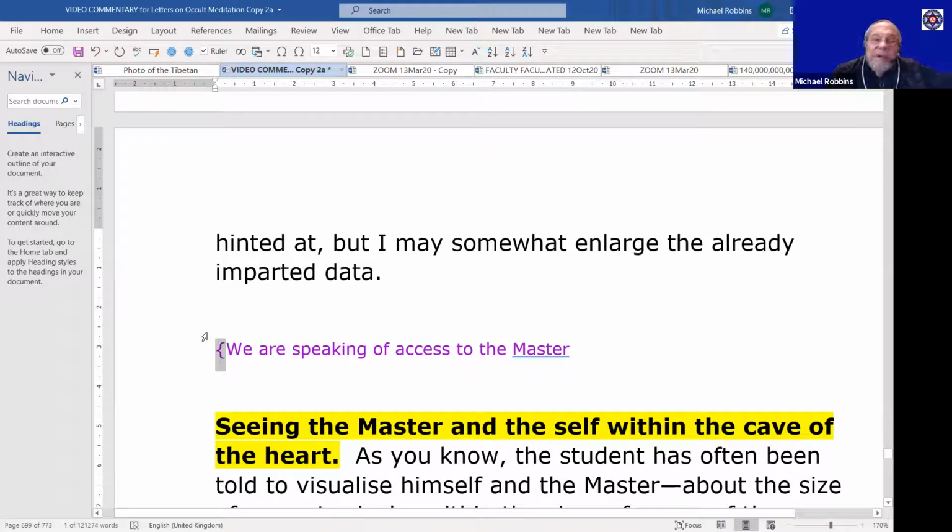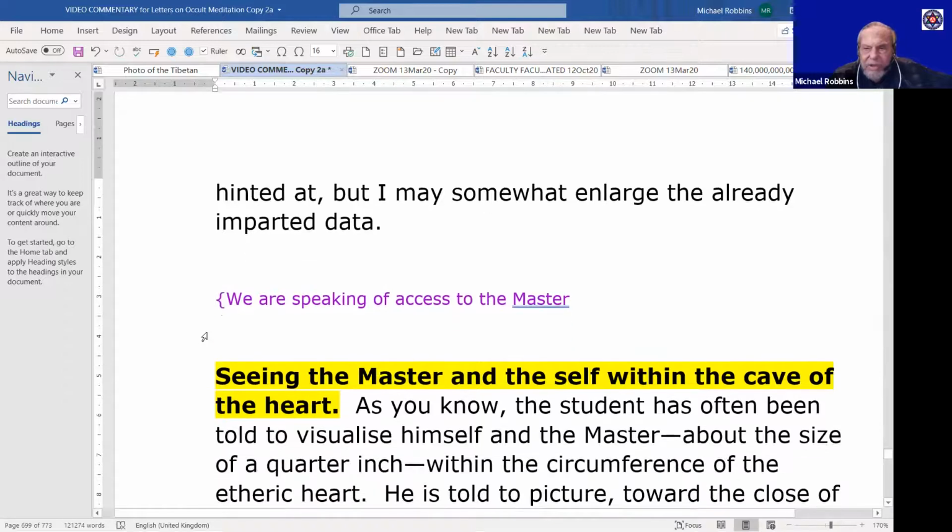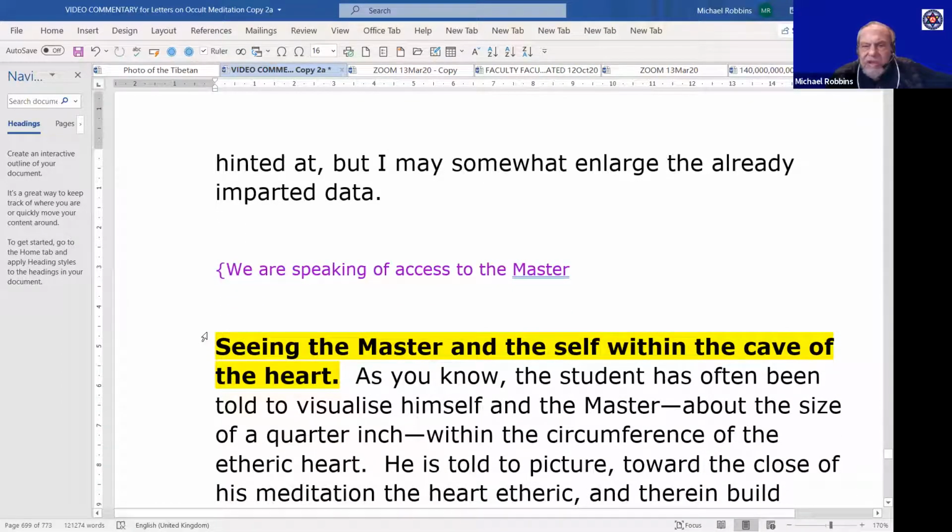So in the Master in the Heart meditation, many of us have gone through the Arcane School, and of course you could stay a long time. But we have found the very first meditation to be related to the Master in the heart. As you know, the student has often been told to visualize himself and the Master about the size of a quarter-inch within the circumference of the etheric heart.